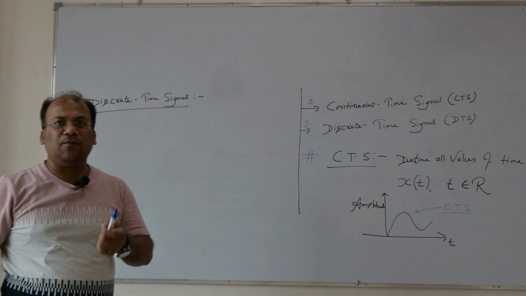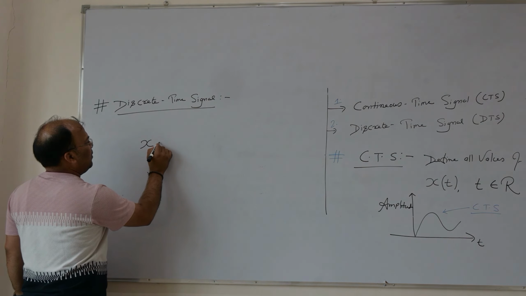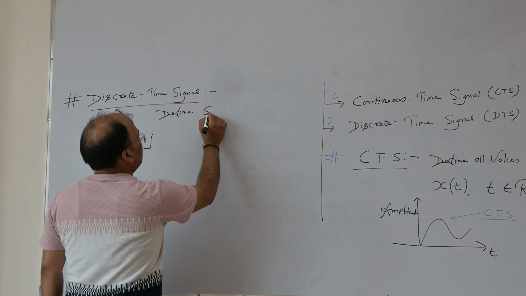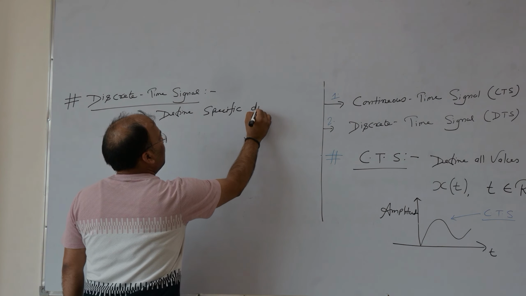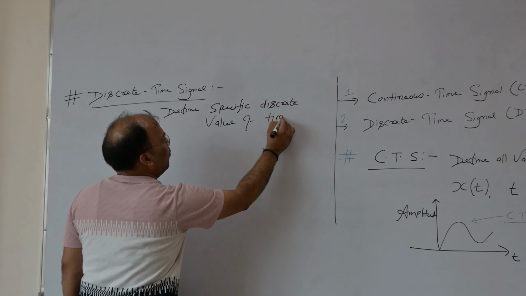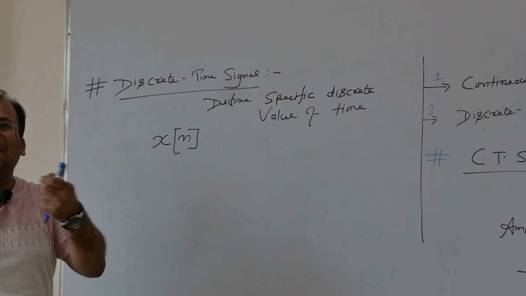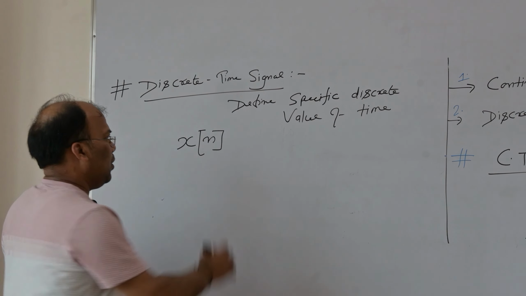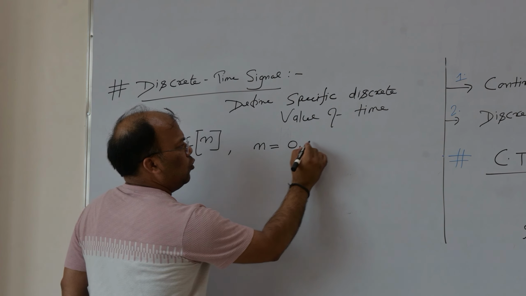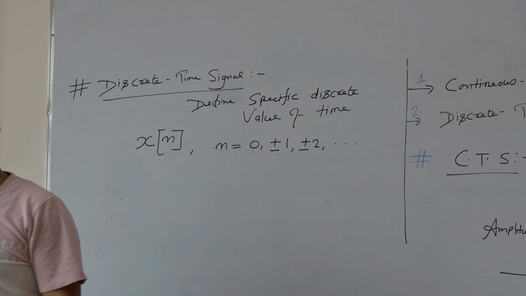A discrete time signal is a signal which is defined at discrete values of time, and mathematically we can represent a discrete time signal in the form of S of n, where n is the integers 0, plus minus 1, plus minus 2, and so on.